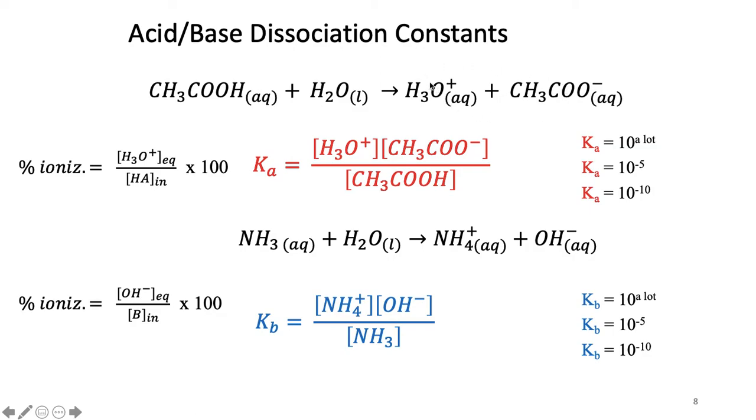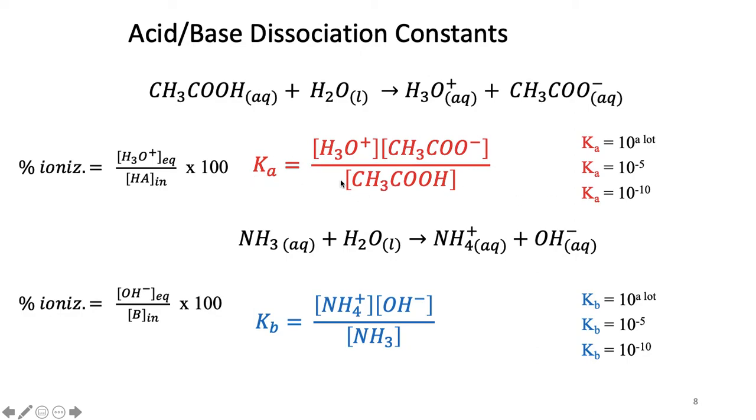So you have product and very little, if any, reactant. For weak acids like vinegar, acetic acid, you have either a moderate Ka, so 10 to the minus 5, or these are very, very weak if you go to the minus 10, very weak acids.